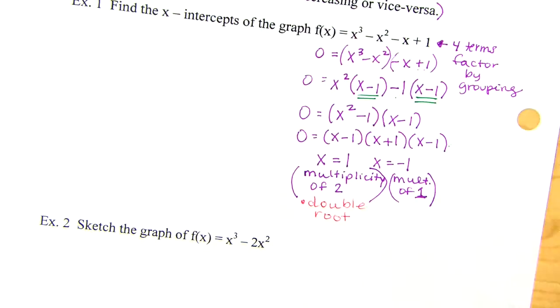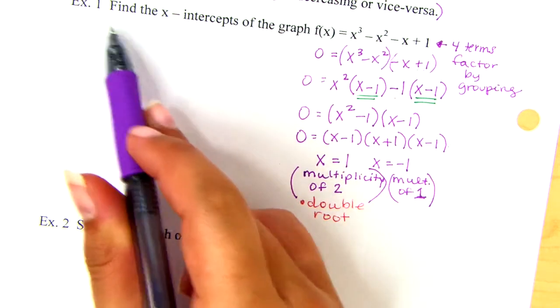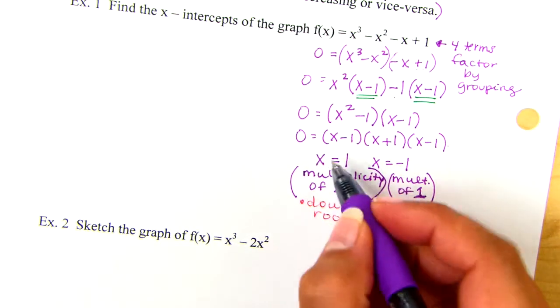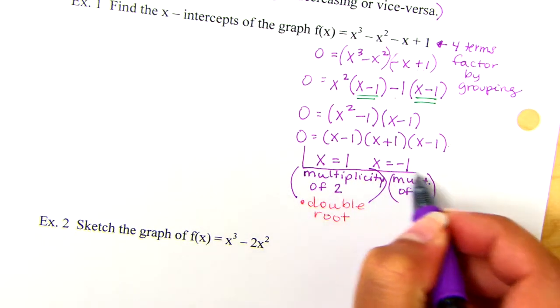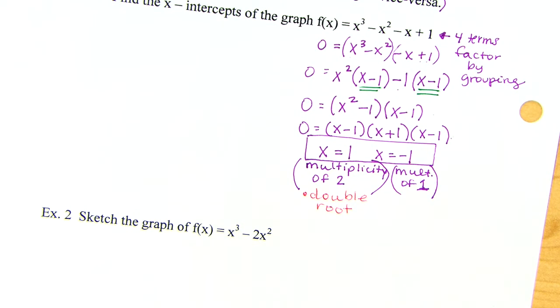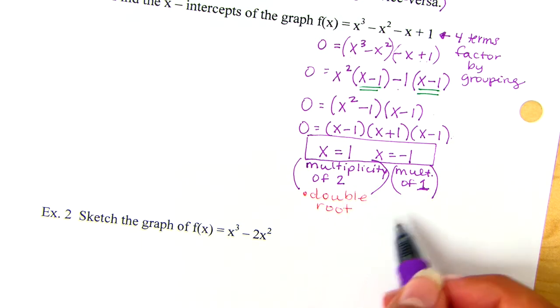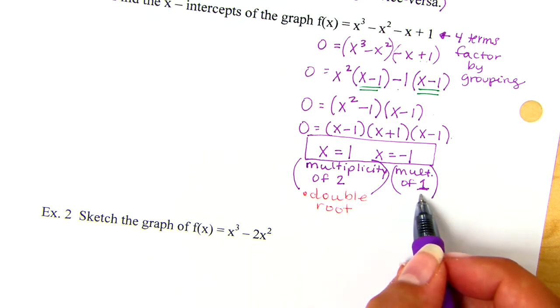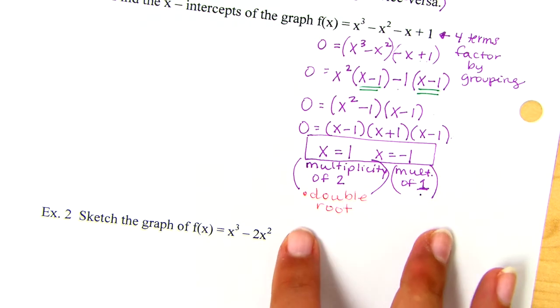So our roots, because we were asked to find the x-intercepts, so those are your actual answers. But when I ask you about multiplicity, the reason we care about a double root versus something with a multiplicity of 1, we go back to this kind of even-odd business.